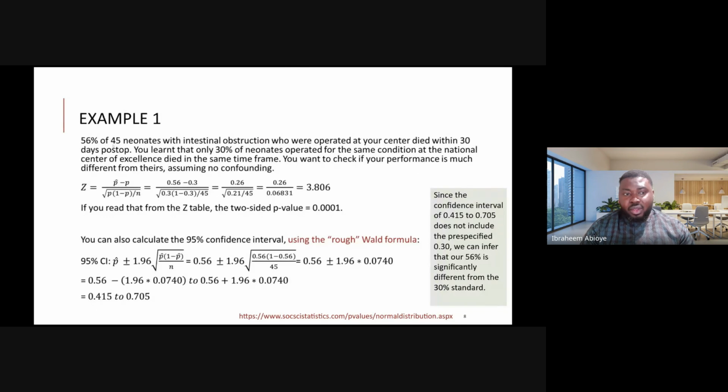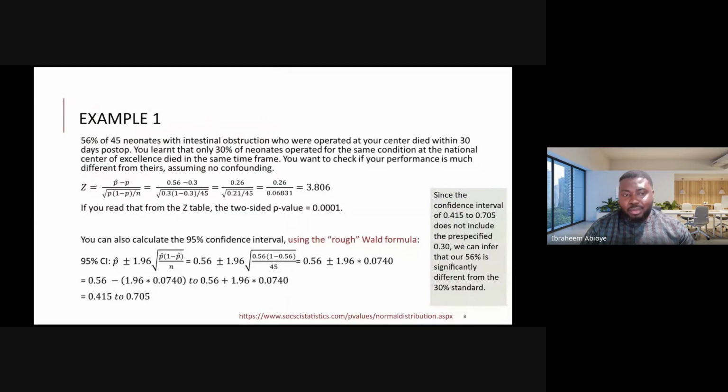There are 45 neonates, and 56% of them died in your center. But when you compare that to the National Center of Excellence, only 30% died in that center. You want to compare this 30% and this 56%, to check if your performance is much different from theirs.